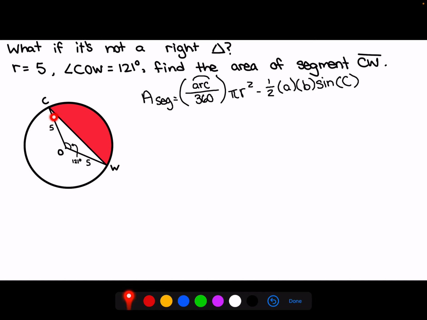We have a side, the radius, the angle, the central angle, and the side, the other radius. So we already have everything that we need to do this equation. So we can go ahead and simplify this further as the arc over 360 times pi r squared minus 1/2. We said that A and B are radii. So that'd be 1/2 times r squared times sine of our central angle.